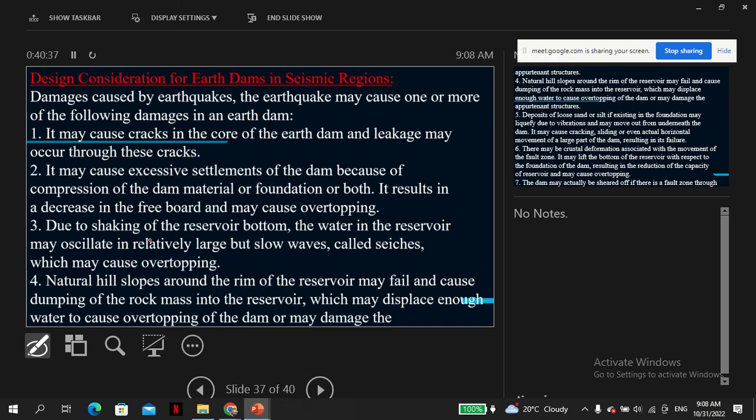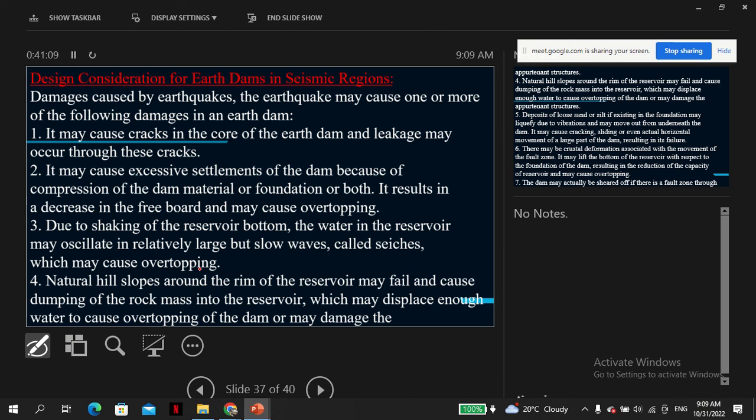We also need to prevent excessive settlement. Due to shaking of the reservoir bottom, the water in the reservoir may oscillate, and waves may cause overtopping again.